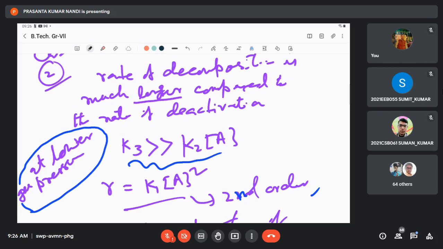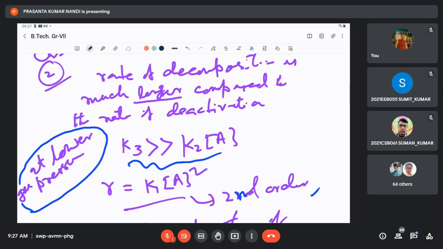This would be possible if we maintain the reaction mixture at lower gas pressure. If there is a lower gas pressure or lower concentration of reactant species, then the chance of collision of the activated molecules with normal molecules will be much less. So there should be a sufficient time lag for the activated species to move towards the product channel. That means the decomposition step will be favored.